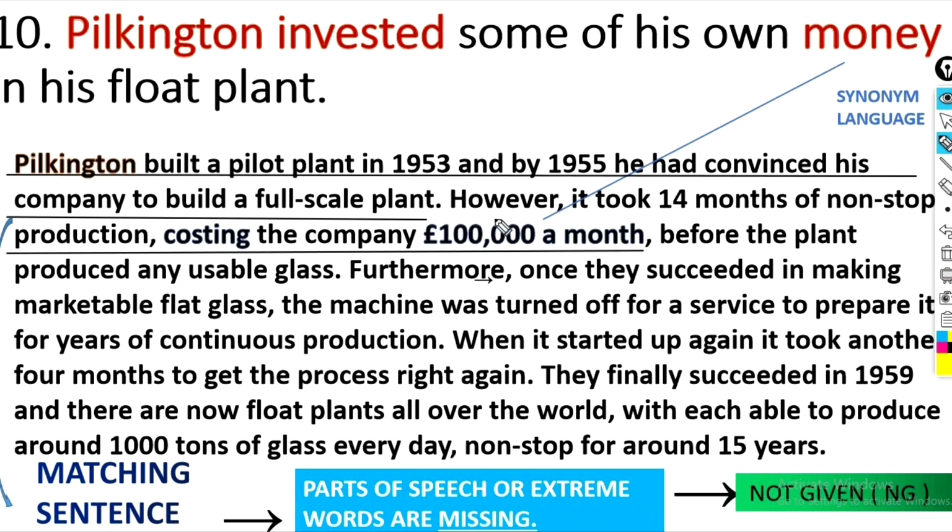In the reading passage, it doesn't say that only the company invested, and maybe the company invested the money, but so did Pilkington. Perhaps Pilkington also invested some of his own money. So the real answer to the question is maybe, because we don't know.